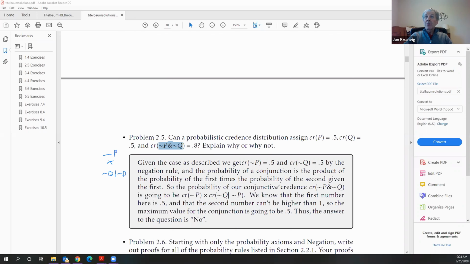That's the next sentence. So the probability of our conjunctive credence is going to be the credence of the first times the credence of the second given the first.